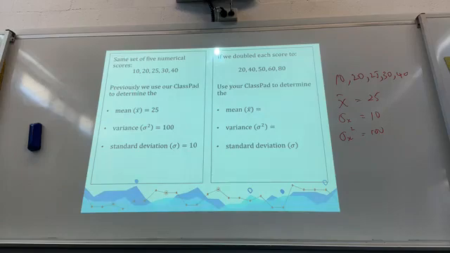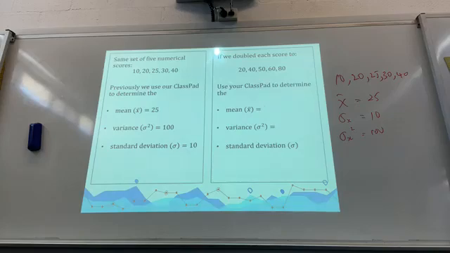So you're going to look at the variance and the standard deviation. What is 20 squared? 400.